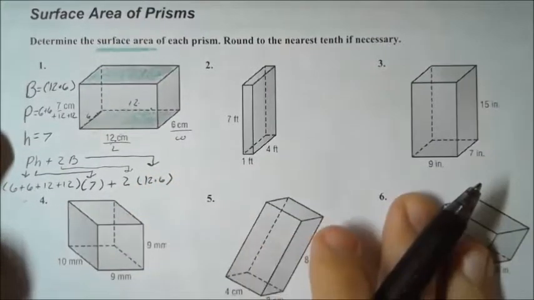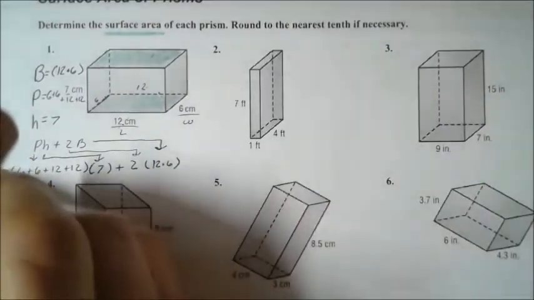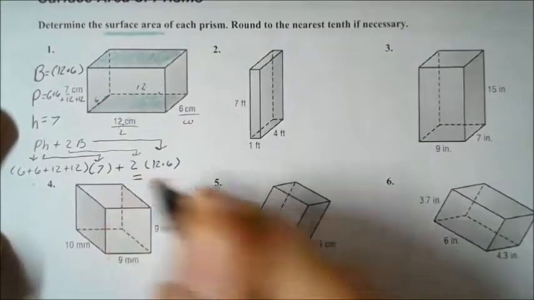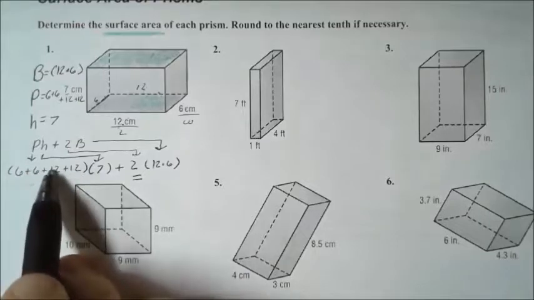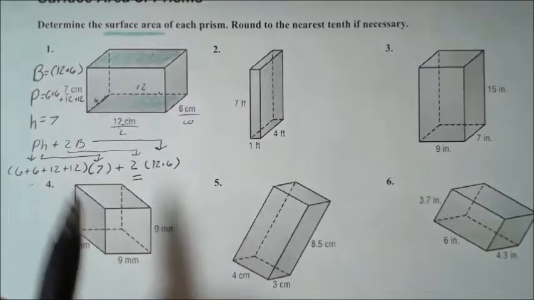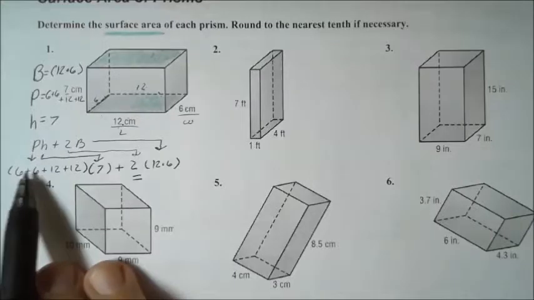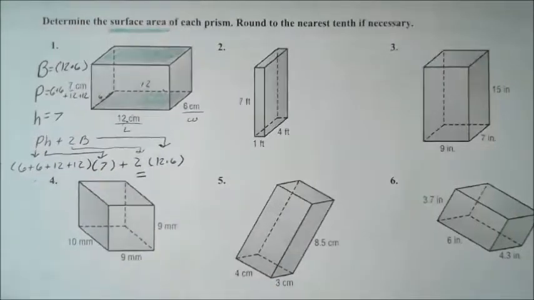Now that we have all this put in, I'm going to let my calculator do all the work and give me my final answer. Once again, if you wanted to add these up beforehand, you're perfectly welcome to. I know it looks long written out, but then you can put it in your calculator and it's really simple to calculate. So let's go ahead and put it in our calculator.